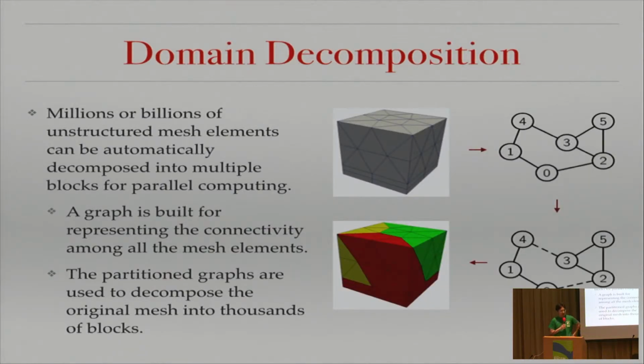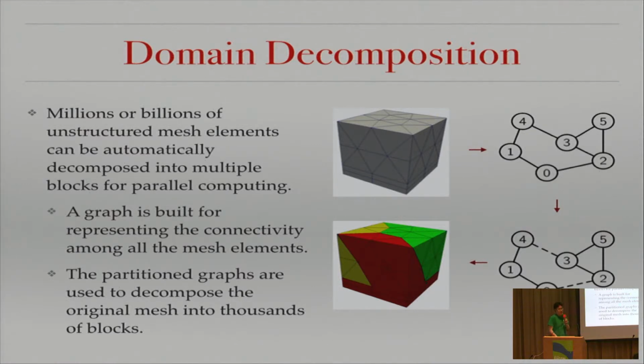One of the niceties of using the unstructured mesh is that you can have a very flexible parallel computing decomposition. When we get the mesh and we have all the elements, we know the connectivity, so we have it as a graph. Then we can just partition the graph.